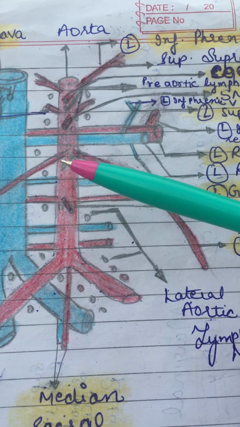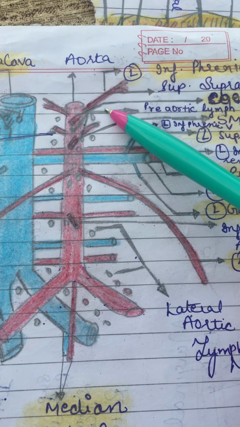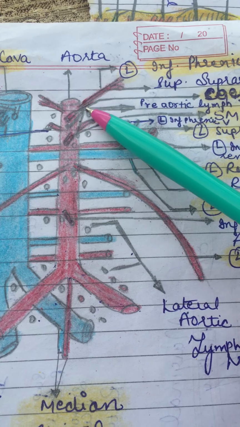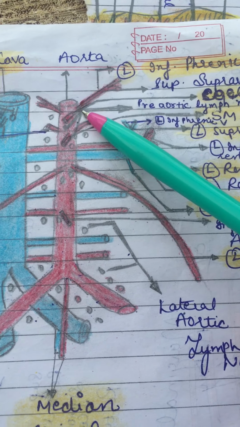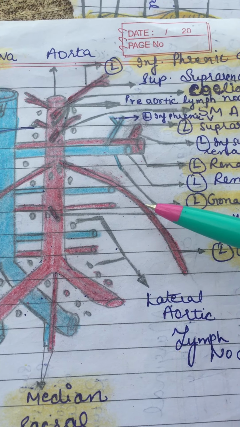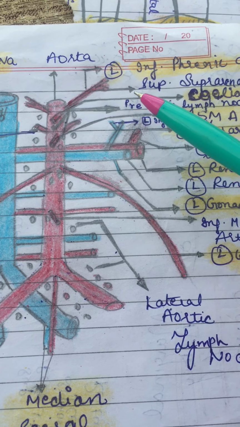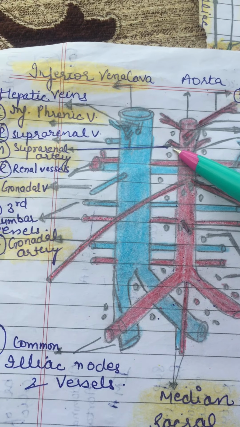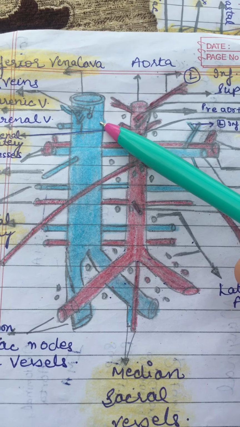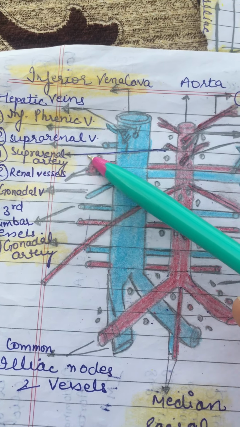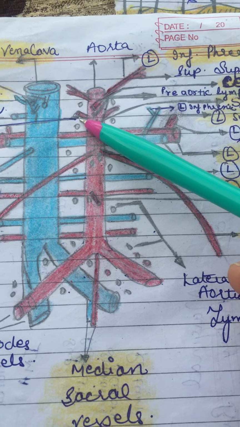The lateral branches include, first, the inferior phrenic on both sides, which are bilateral. Then we have the middle suprarenal arteries, which I have drawn here.